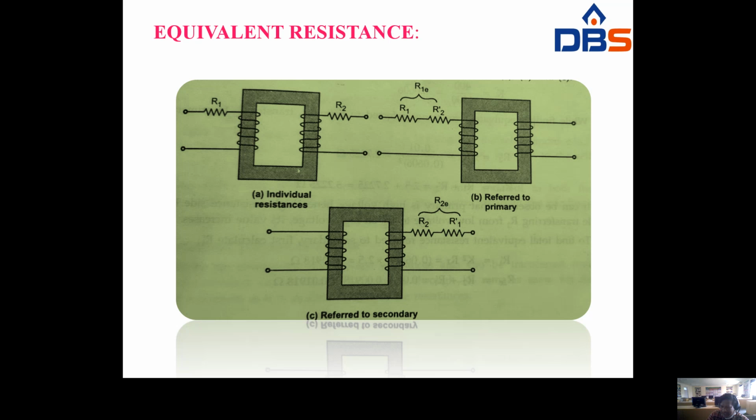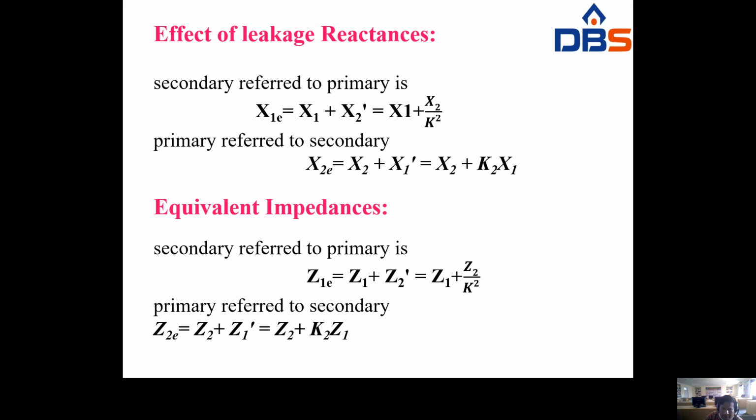The total equivalent resistance in the secondary is R2 plus R1 dash. Referred to the primary means the secondary is transferred to the primary; referred to the secondary means the primary is transferred to the secondary.